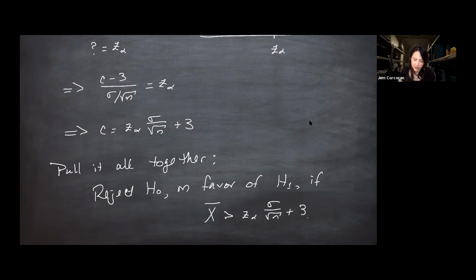Step 3 would be to come up with critical values for the appropriate distribution. And then step 4 will be to have a conclusion. So we'll do a lot more examples, but questions on this?